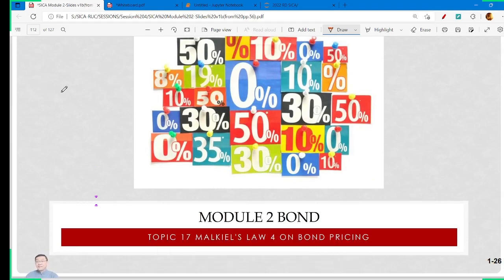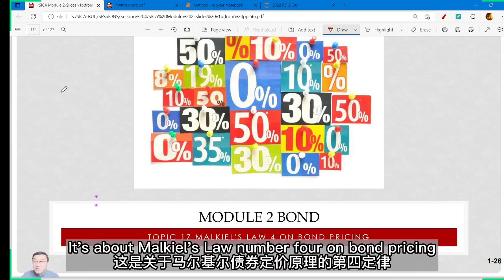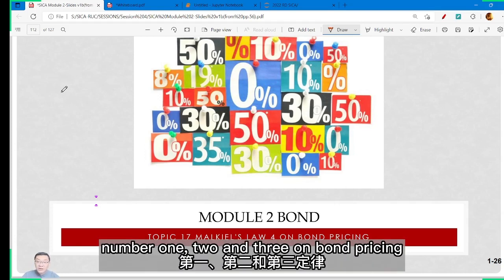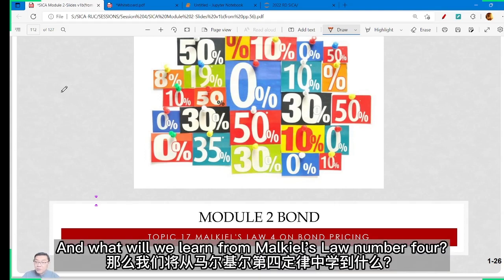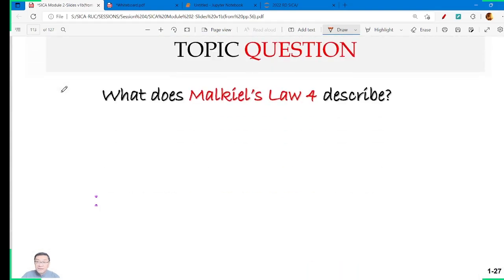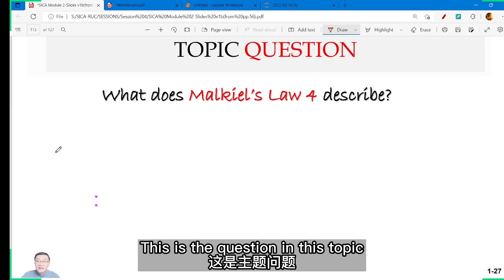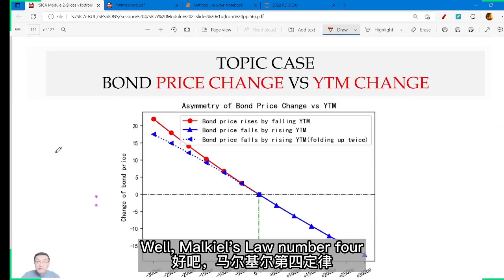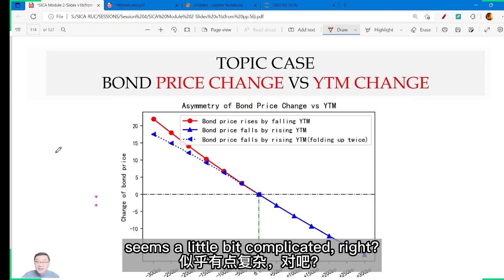Our new topic is about Malkiel's law number 4 on bond pricing. We have learned Malkiel's law number 1, 2, 3 on bond pricing. And what will we learn from Malkiel's law number 4? This is the question in this topic. Well, Malkiel's law number 4 seems a little bit complicated, right?